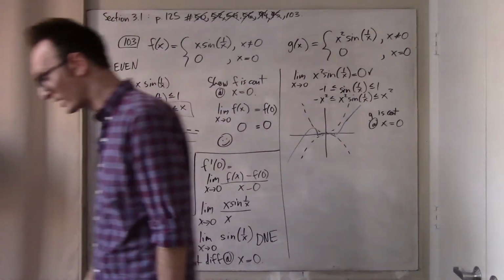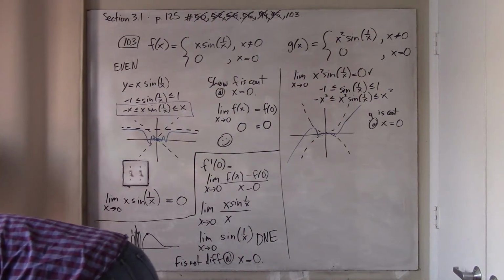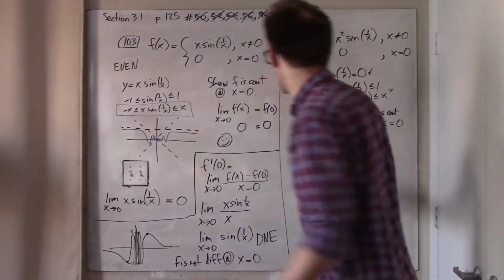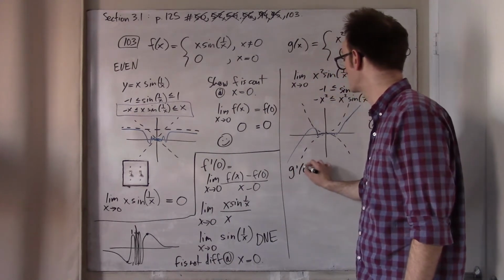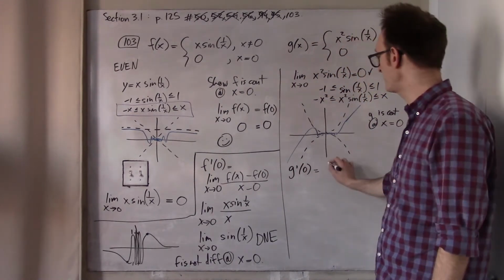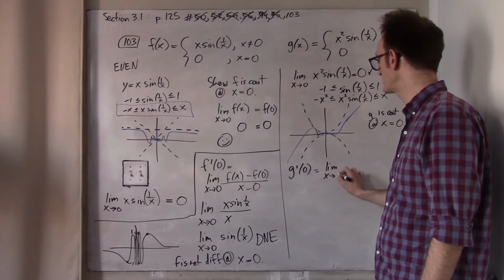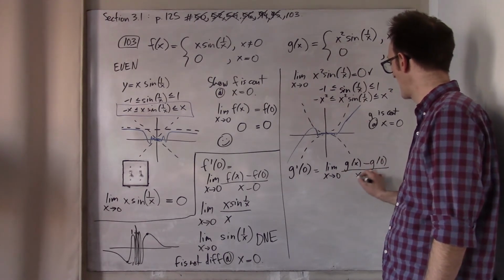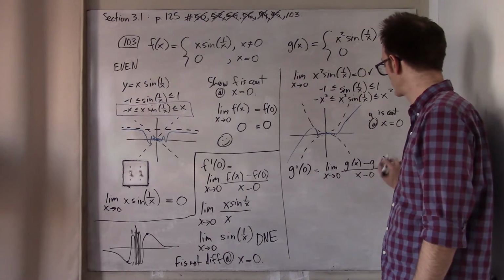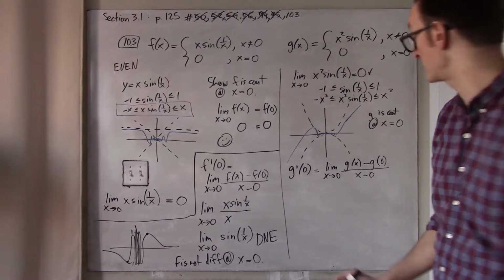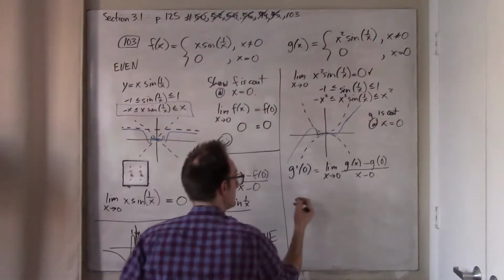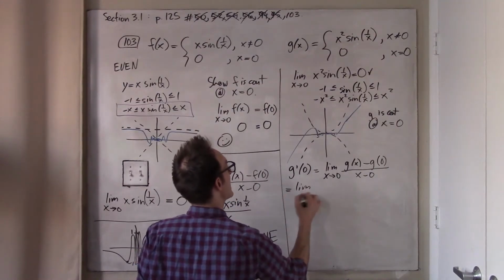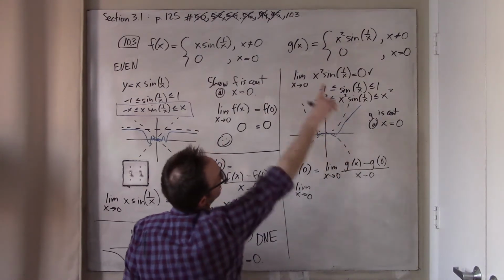But, says the book, it's also differentiable, which is maybe a little bit surprising. Well, okay, we just do it. What is g prime of 0? By definition, it's the limit as x goes to 0 of g of x minus g of 0 over x minus 0. So if you're confident enough with these definitions, it's just a matter of executing them. This is now the limit as x goes to 0 of, well, what is g of x?